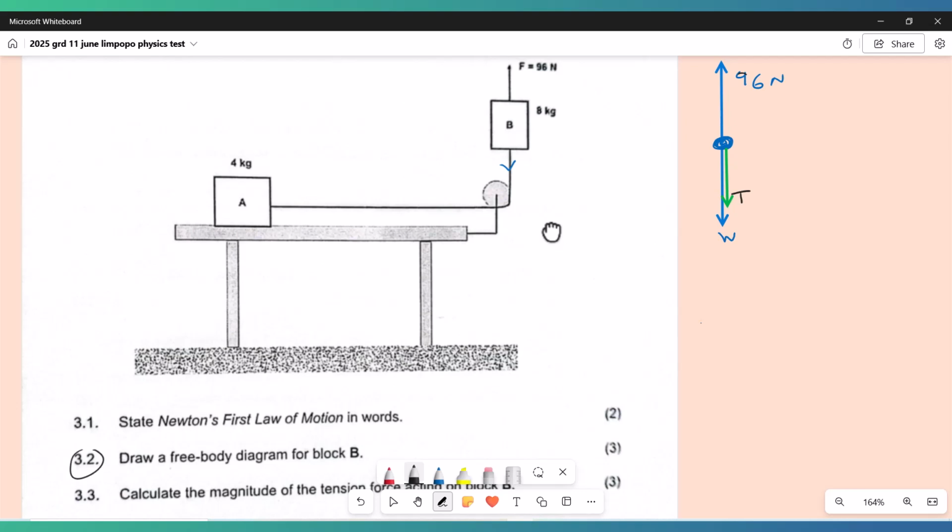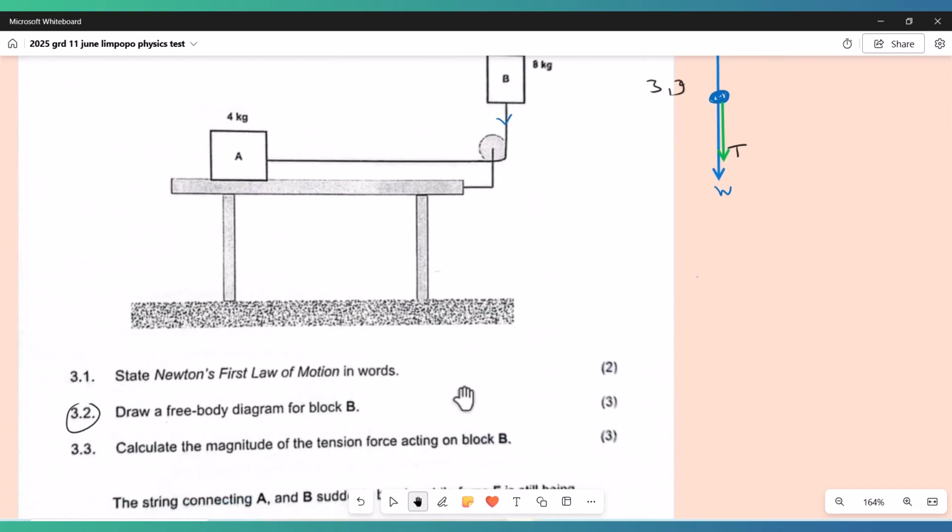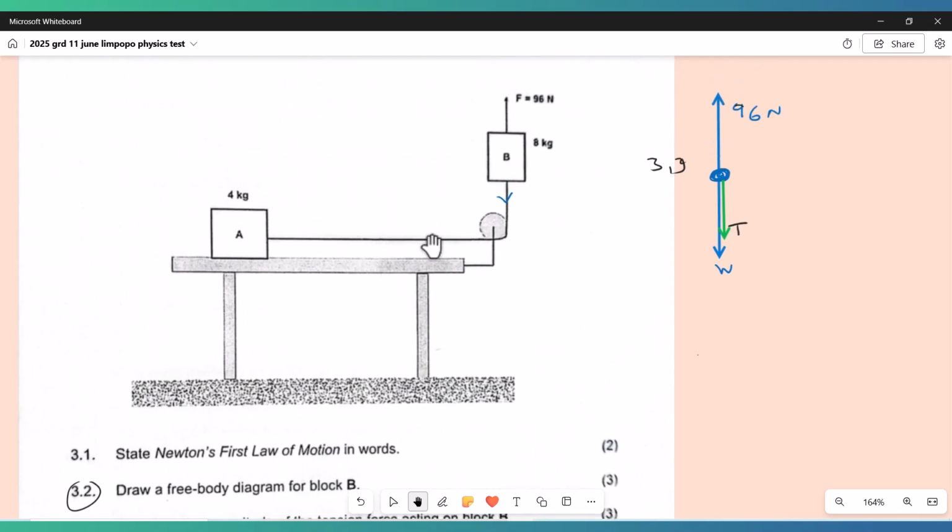And then next, what must we do now? Let's check it out. They said calculate the magnitude of the tension force acting on block B. Now, because this string is inextensible, it means that the tension on block A is the same tension on this side of block B, but in the opposite direction.